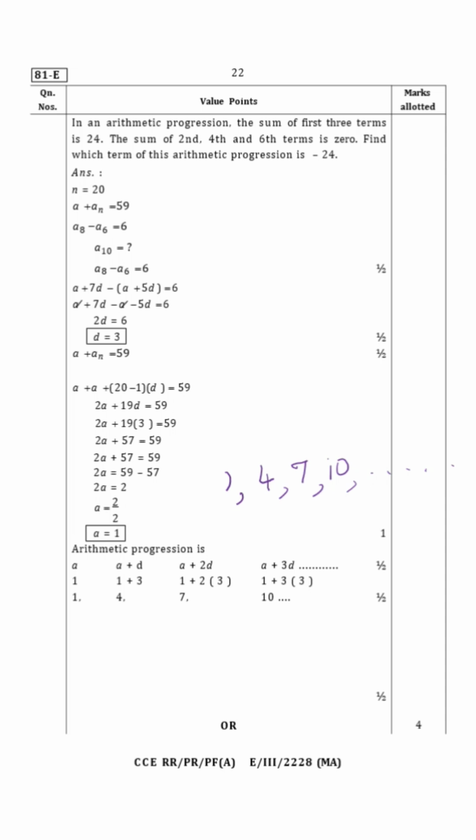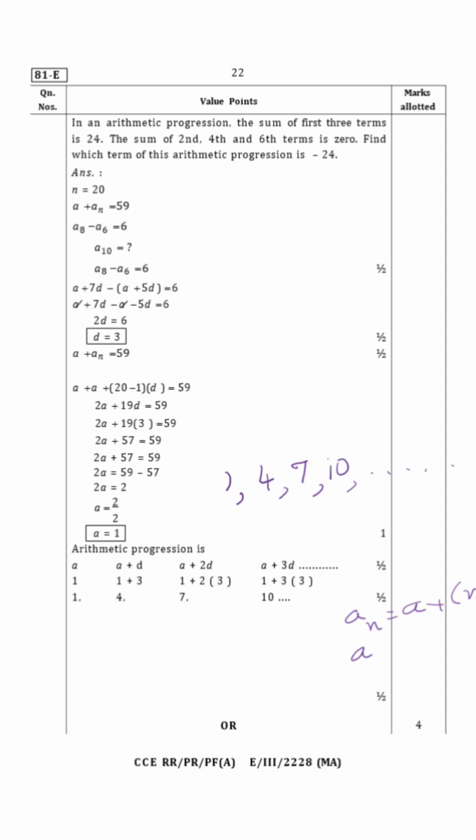Now we have to find the 10th term. The formula to find the nth term is an is equal to a plus n minus 1 into d. This is an important formula, you have to write it. Don't skip that.